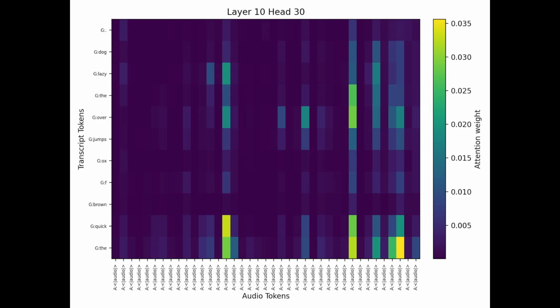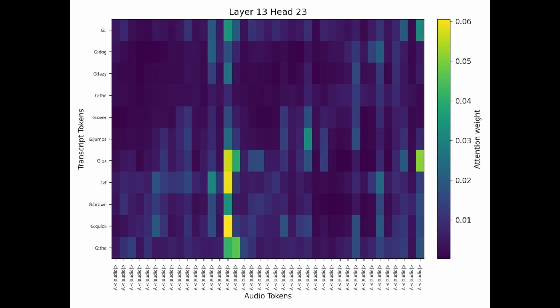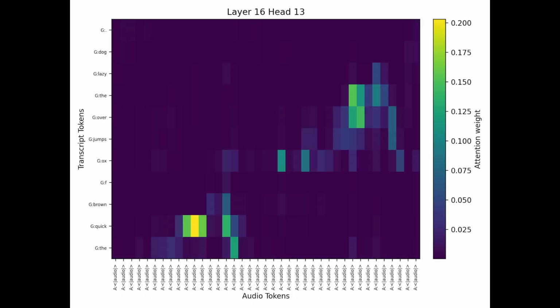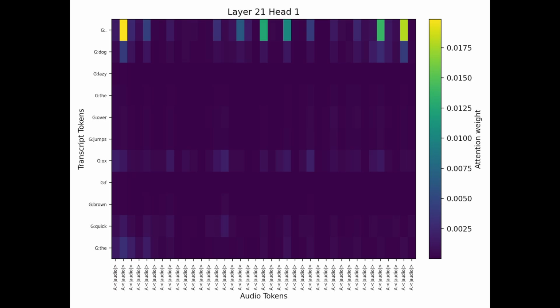What it's representing is, for every text token in the transcript on the y-axis, starting with the very first text token at the bottom going up to the final text tokens, versus on the x-axis, all of the audio tokens that represent the audio. You can see the attention matrix, the activations, showing us where these heads are taking information from the audio tokens and placing them in these text tokens.